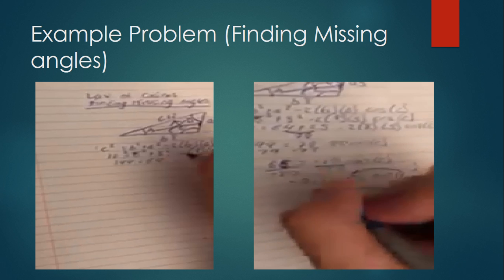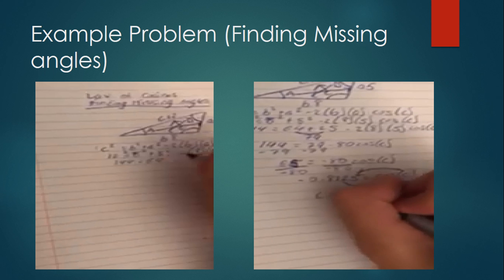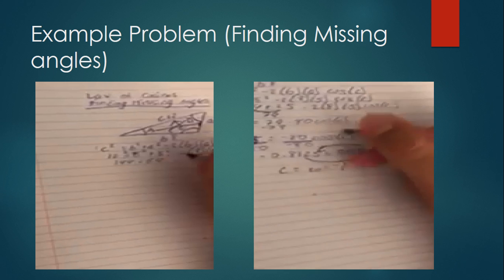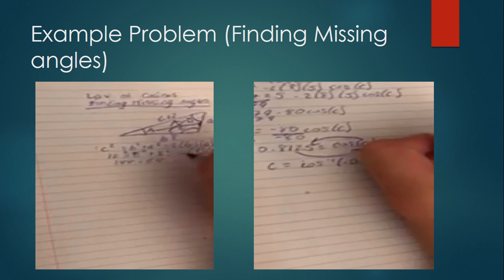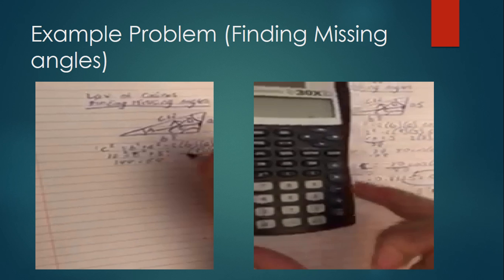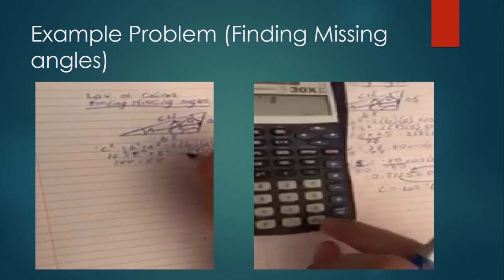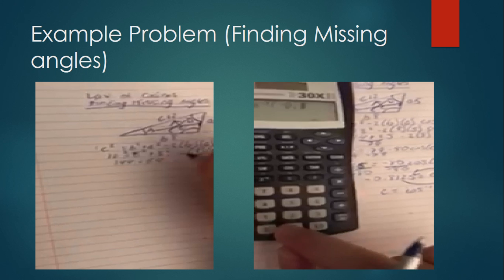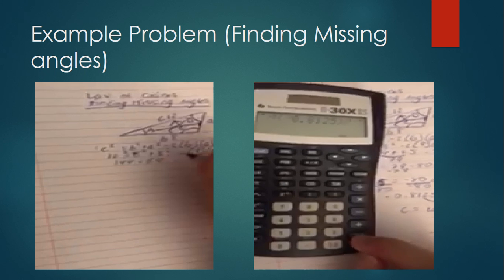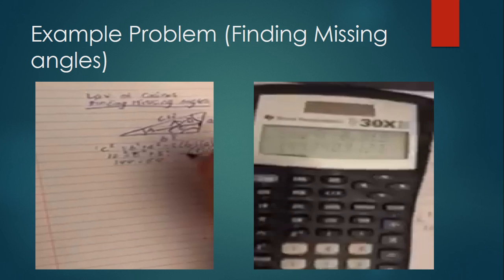So now you do that. Angle C is equal to inverse cosine, which is cosine to the negative 1, of negative 0.8125. You put that in your calculator: second, then cosine, and now it's negative 0.8125, filling in the missing parenthesis, and that would be your answer for that angle.